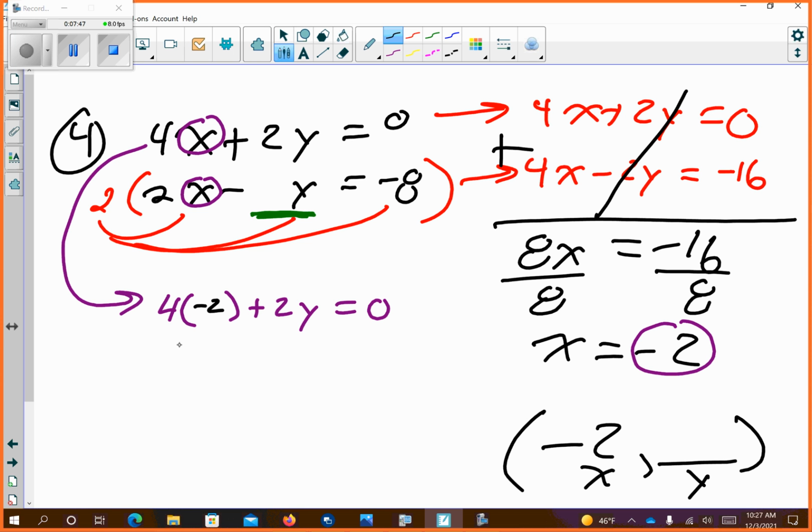Here, watch this. So let me just solve this one real quick. Add 8 to both sides. Divide by 2. Okay. So let's do this. Let's act like we're going to do this one.